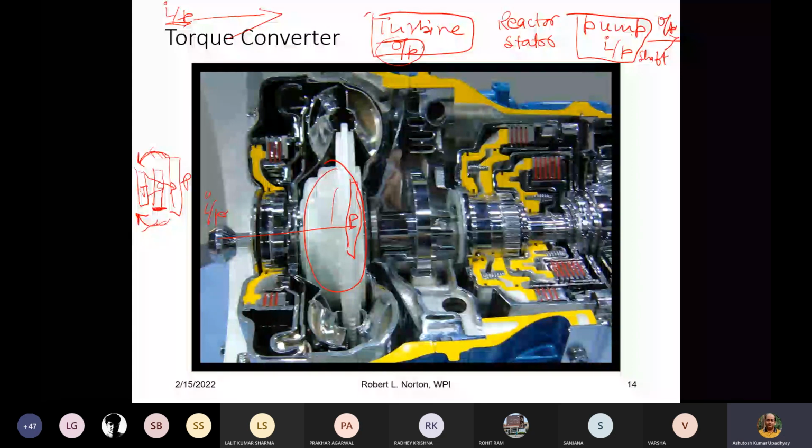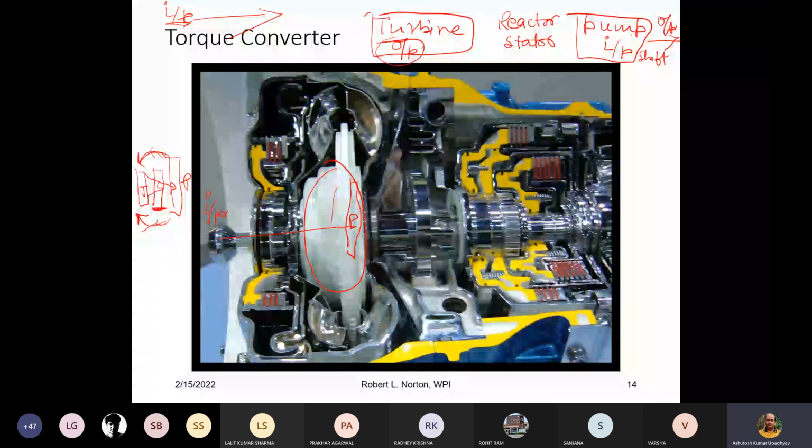Now when it is coming through the stator to the centrifugal pump, you have that multiplier function. If the turbine is static, it will create a direction such that the fluid will be thrown out to the circumference of this pump with high energy.